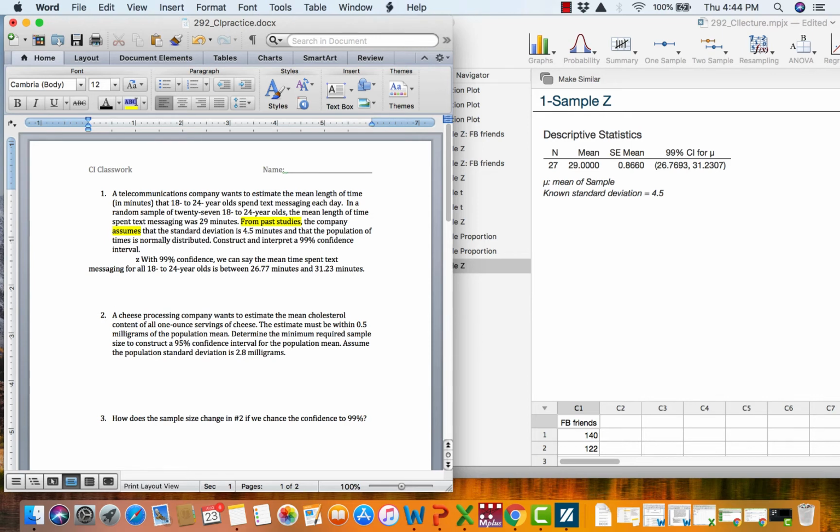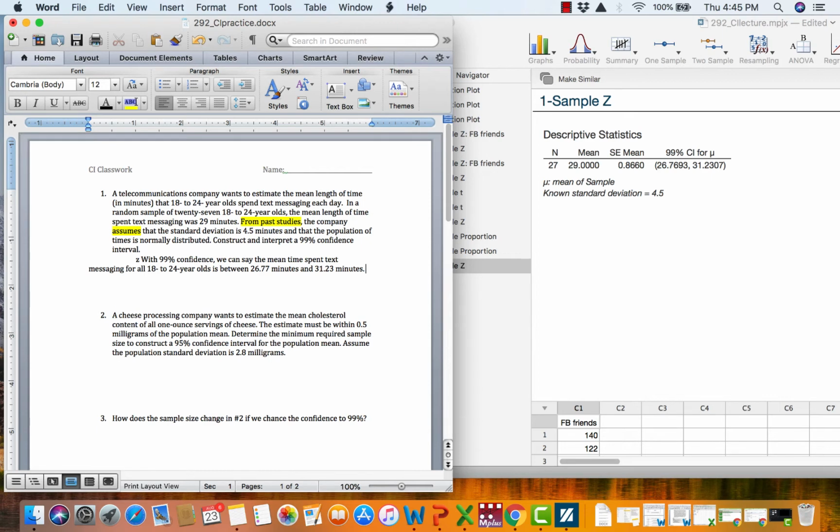All right, now here's a question for you. What if I came back and I said to you, aha, we found this infographic online that claims that teens are spending 45 minutes a day text messaging. Do your results support or contradict that 45-minute claim?